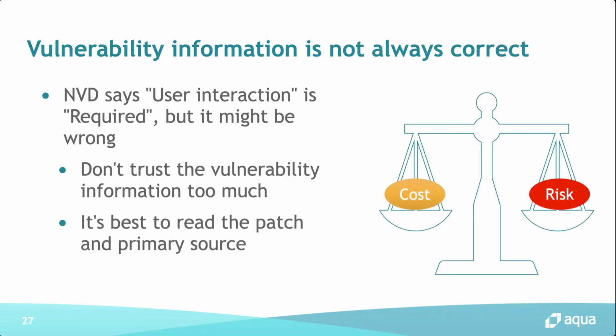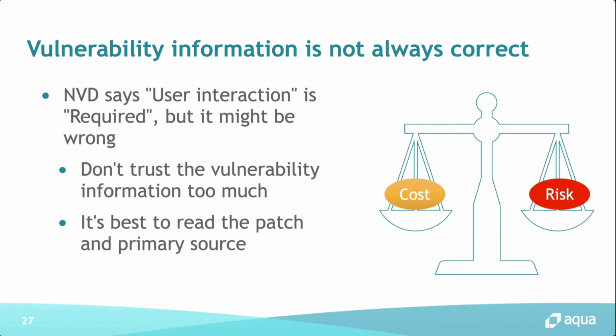Note that vulnerability information is not always correct. If anybody says user interaction is required, it might be wrong. Don't trust the vulnerability information too much. Even if it's correct and the policy marks it as negligible, it doesn't mean there is no risk. It means you decide to accept the risk.